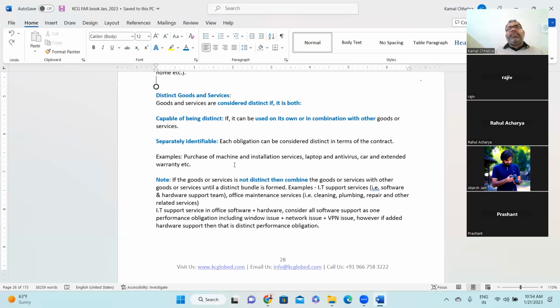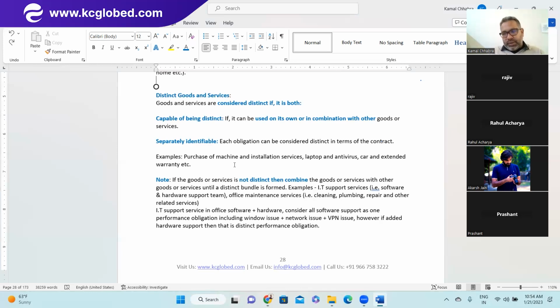The tire can be fixed into an alloy rim and into a normal rim also. So it clearly shows it is capable of being distinct and separately identifiable. Hence the good would be considered as distinct goods and services.